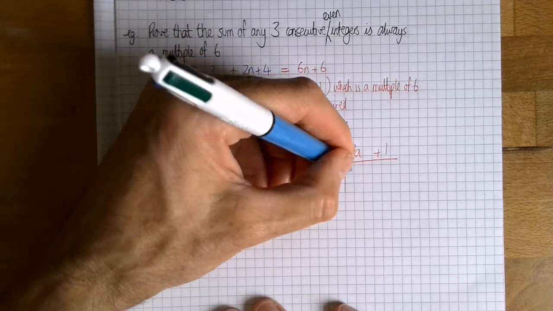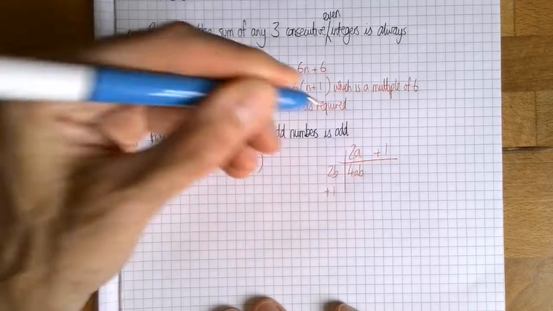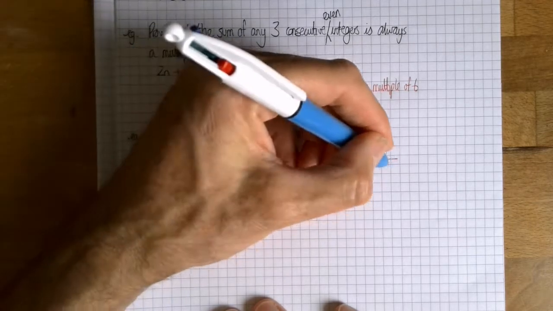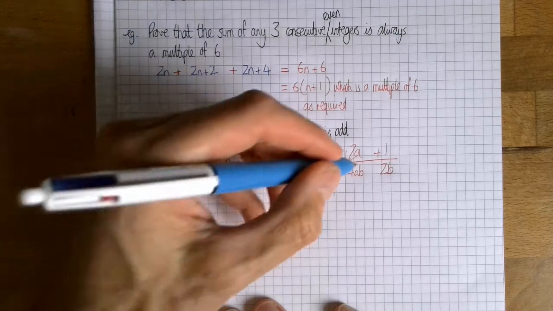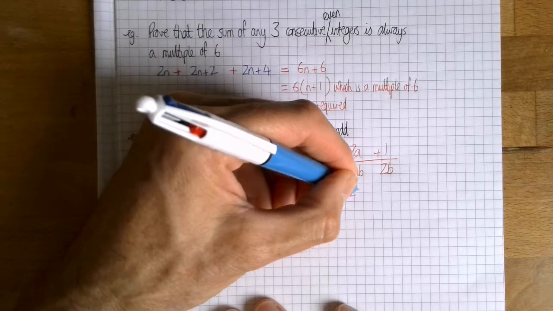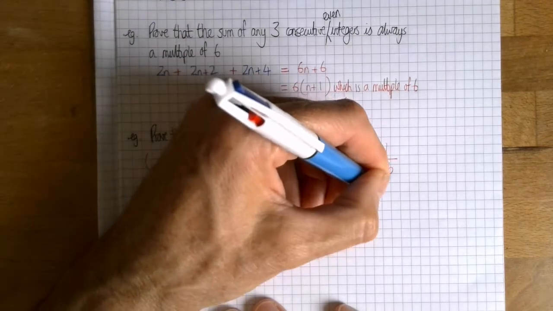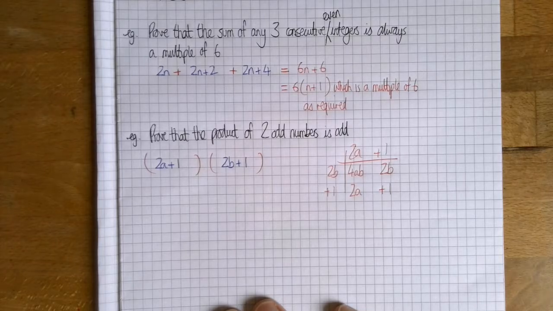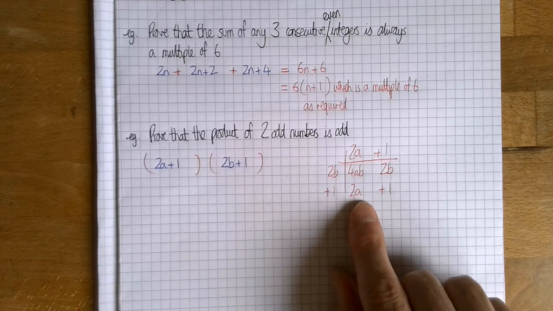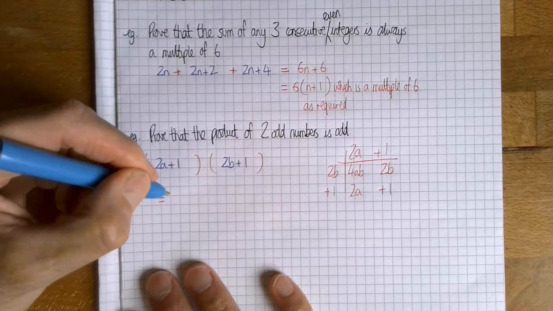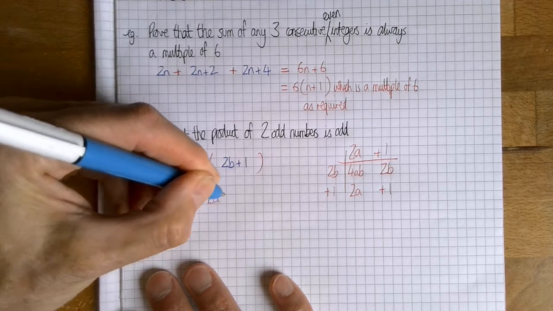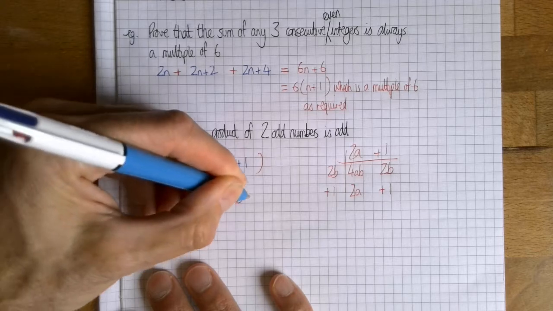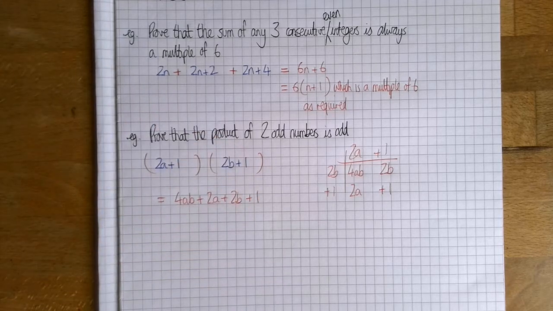So I've got here 2 times 2 is 4, a times b is 4ab. I've got a 2b there, and I've got a 2a there, and 1 times 1 is 1. So if I add all that up, I get 4ab plus 2a plus 2b plus 1.